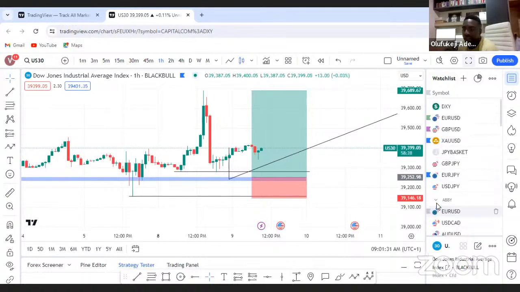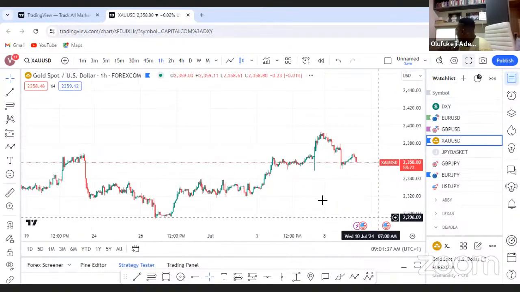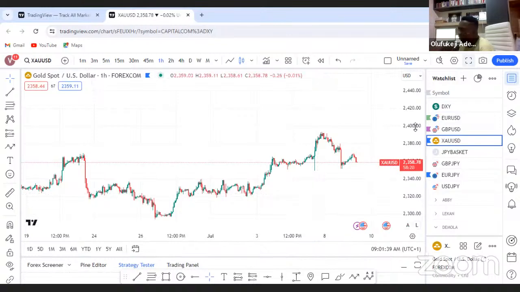The last time we had negative correlation between gold and dollar was somewhere around first quarter to middle of 2023. And it has been very confusing, because if you look at dollar index on the daily, dollar index has been trending higher, and gold has also been trending higher on the daily.